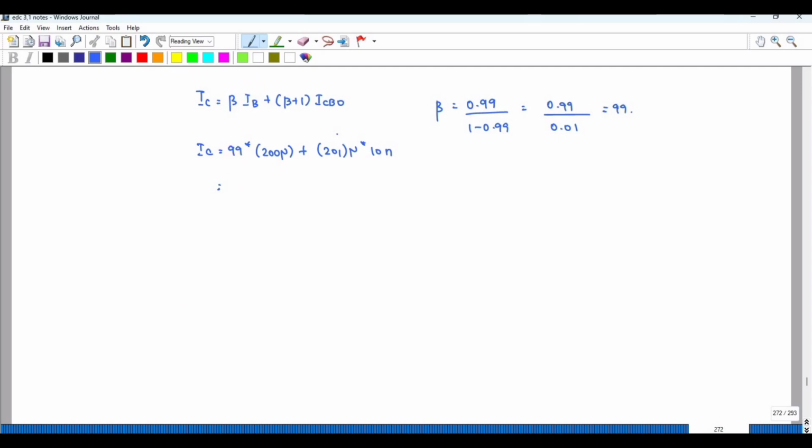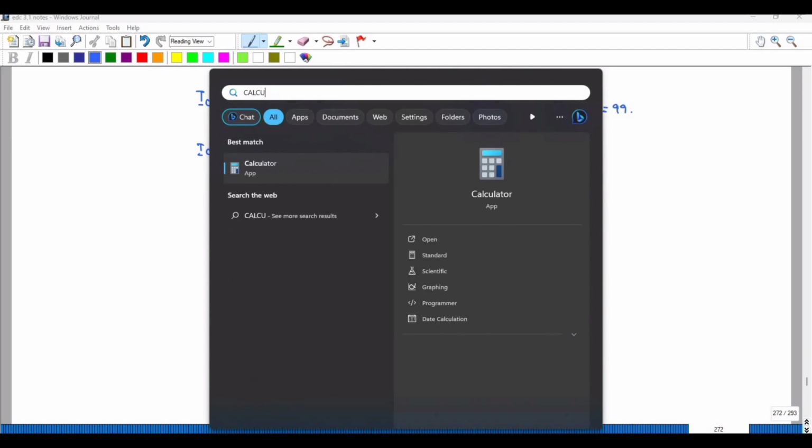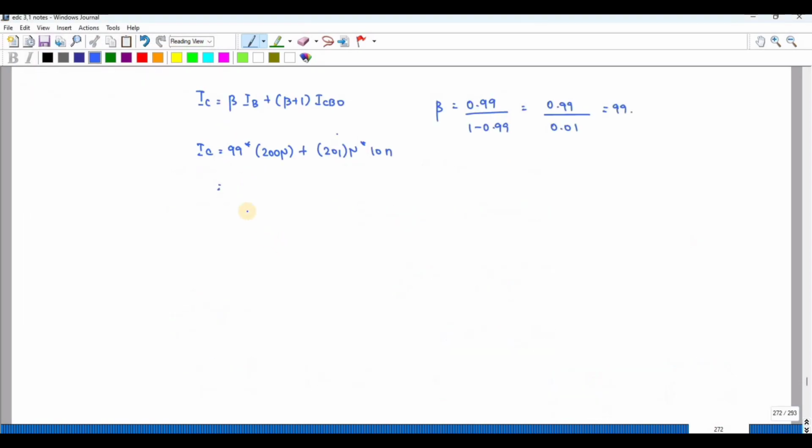So take a calculator. 200 into 99 is 19800 micro, plus 100 into 10 nano.